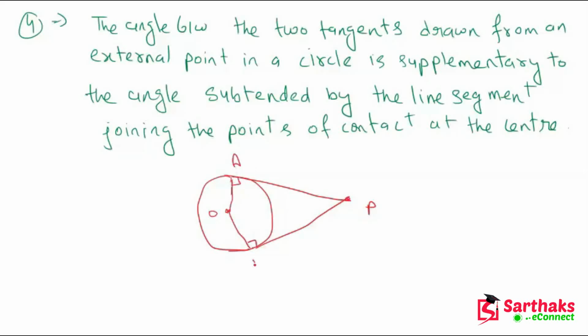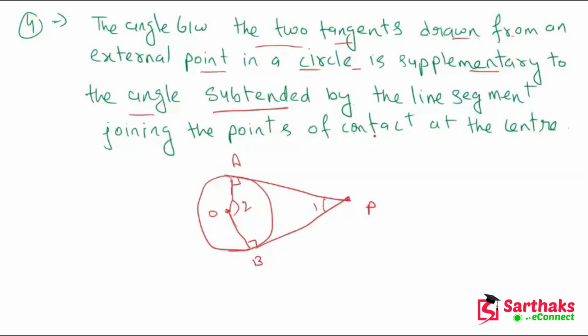These are A and B. So the angle between the tangents drawn from an external point is supplementary to the angle subtended by the line segments joining the points of contact at the center. We are talking about these lines, angle 1 and angle 2.